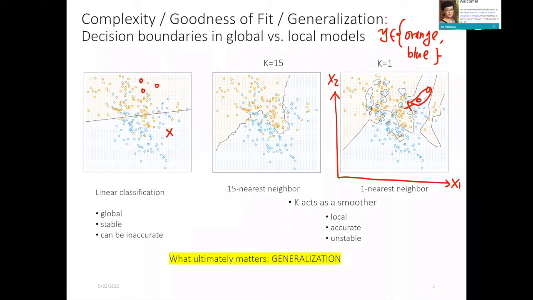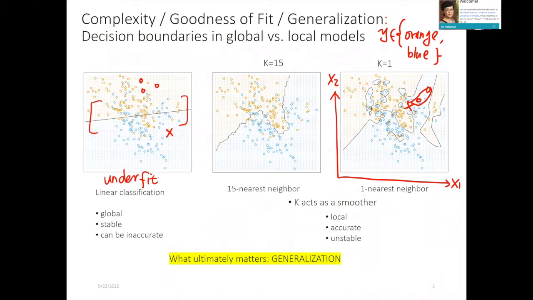The other classifier we covered is k-nearest neighbor classification. With linear classification, you can tell it's a global model, pretty stable, but it makes a lot of mistakes around this region. Even for the training data, it doesn't predict very well, and it's also not predicting well on future data. This is underfitting, similar to the linear regression case.